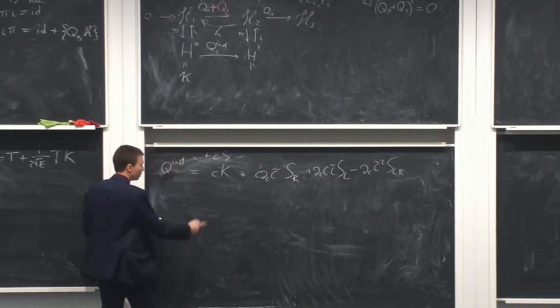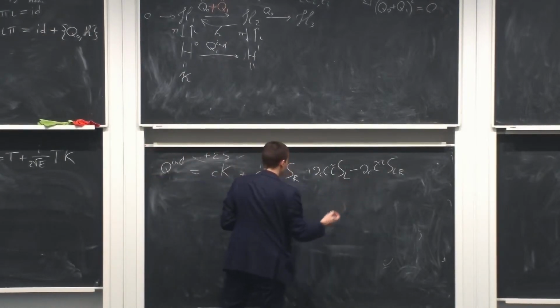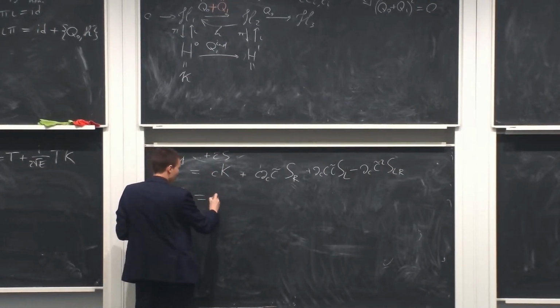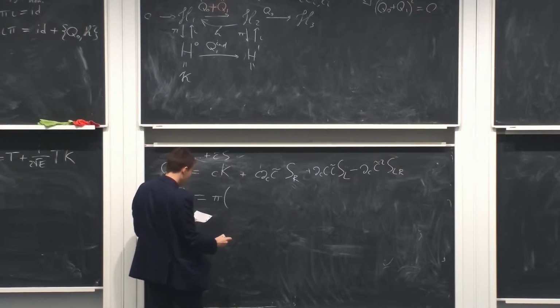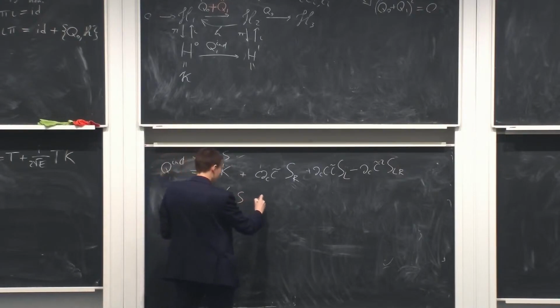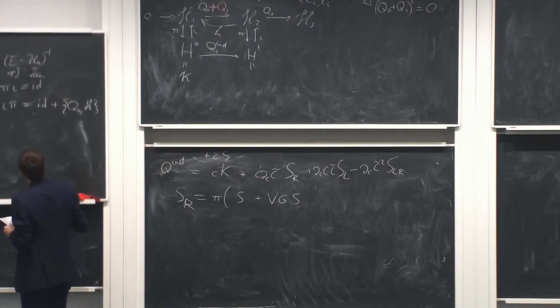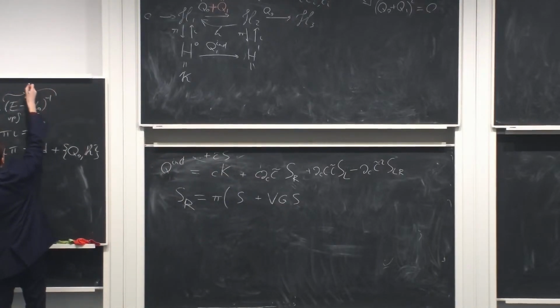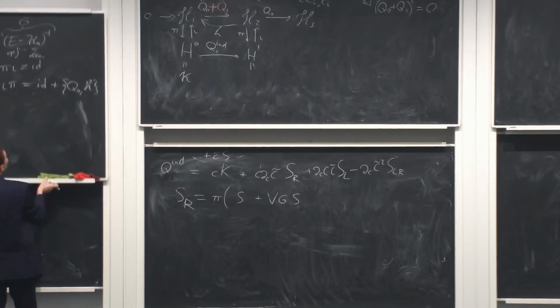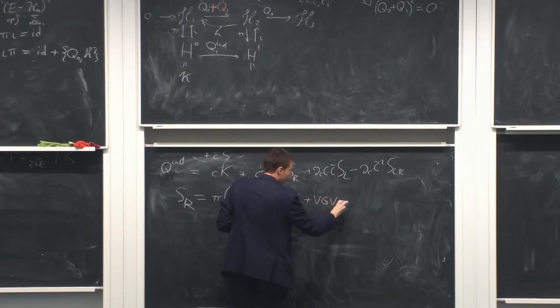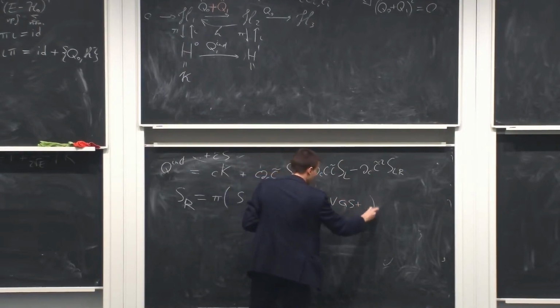All right, so what are these? Well, they have a form very similar to K. They look like this. This is SPR. Now, this G is this. And also V, G, V, G, S, and so on.